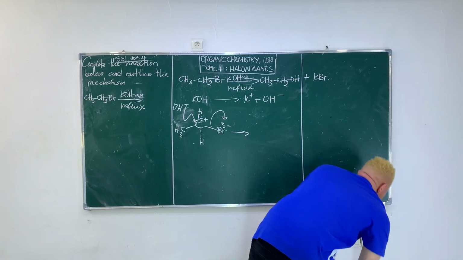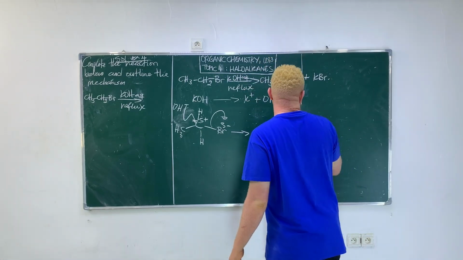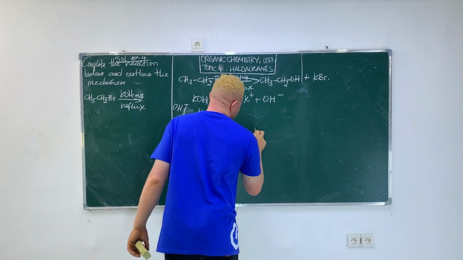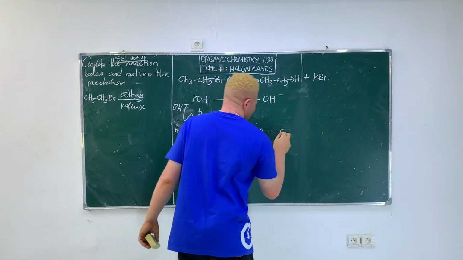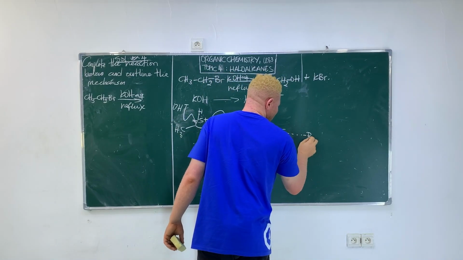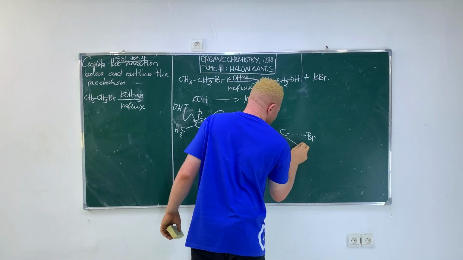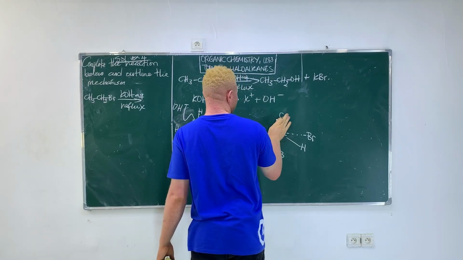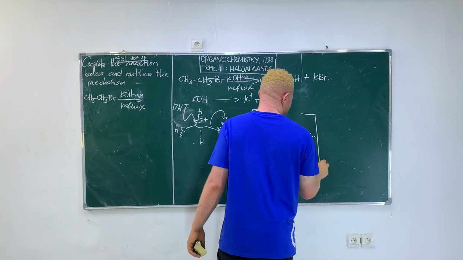So the mechanism is the following. How many ethane we have: the OH group that's coming, the halogen is going. You have C, H, H. It's an intermediate.